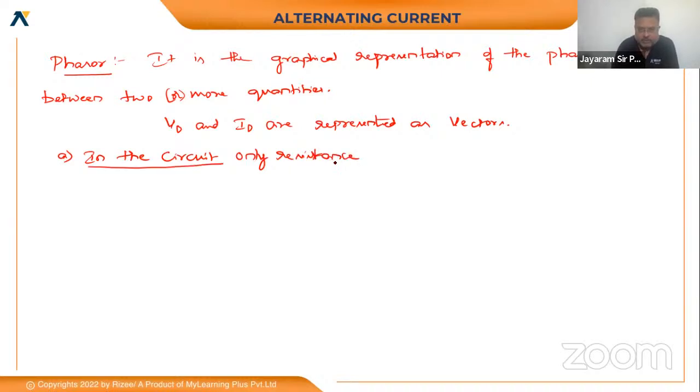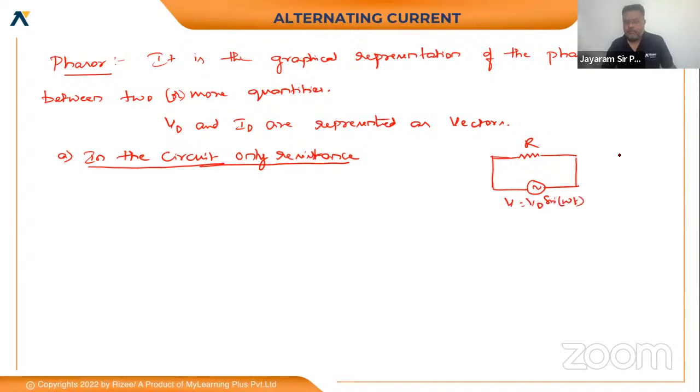There is a circuit with only a resistance, and to this resistance we are connecting an AC source, providing V equal to V naught sine of omega t.